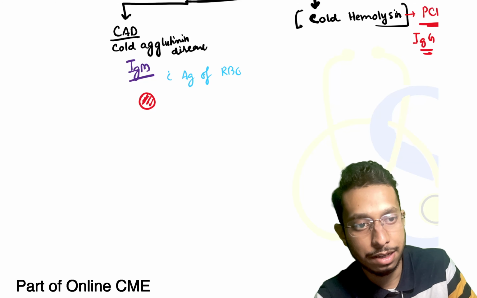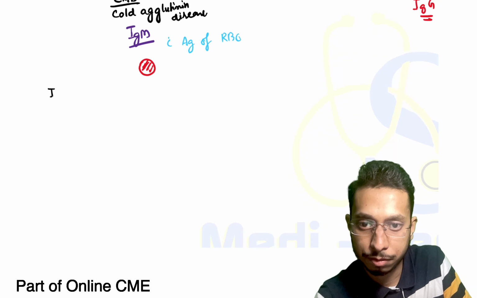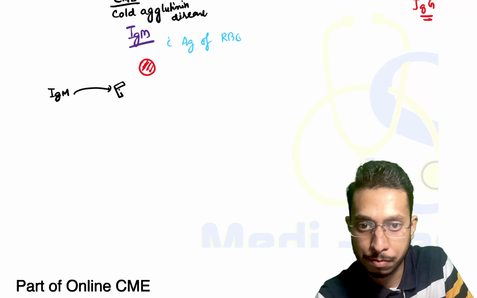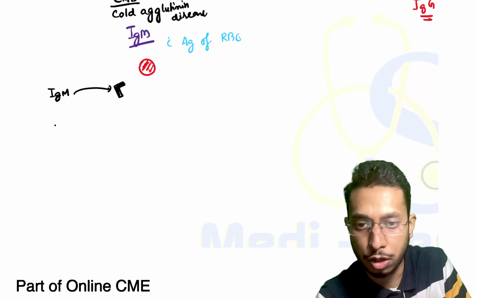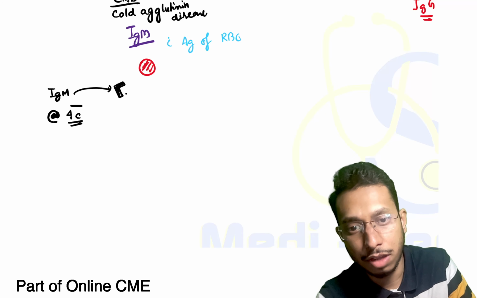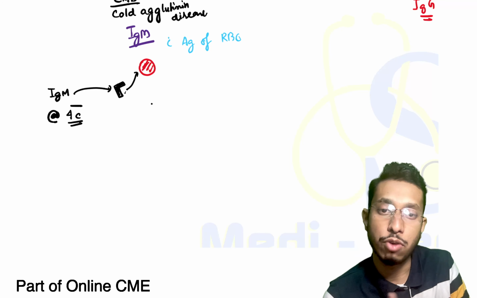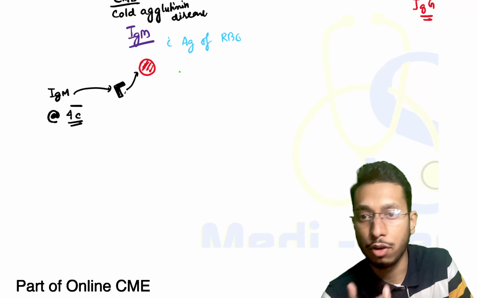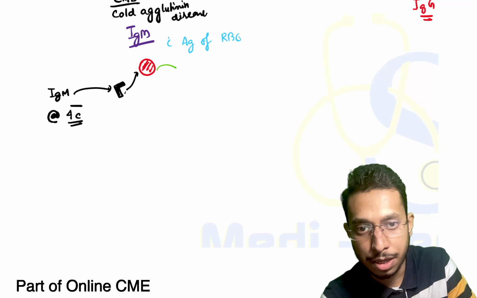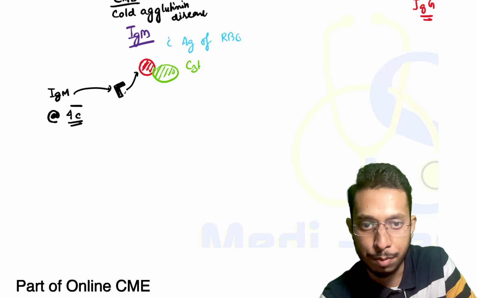And so what happens in it? First, this IgM antibody at 4 degrees, that is lower temperature, binds with the I antigen of the red blood cell, and it results in activation of the complement, and when there is activation of complement, the C3b moiety comes to it.